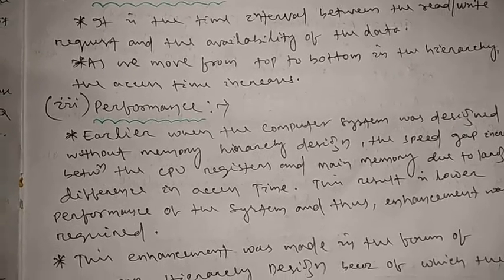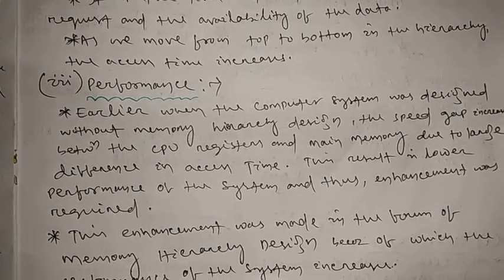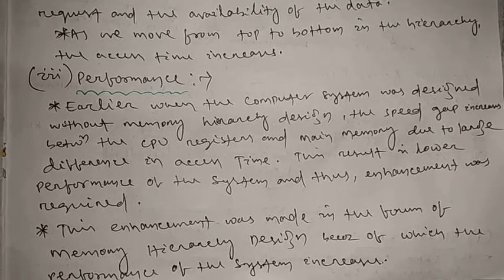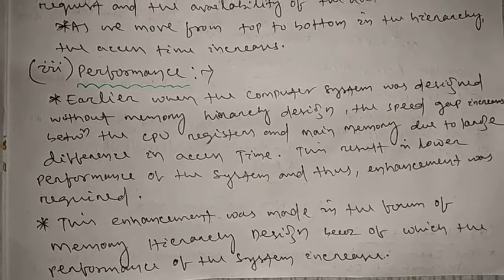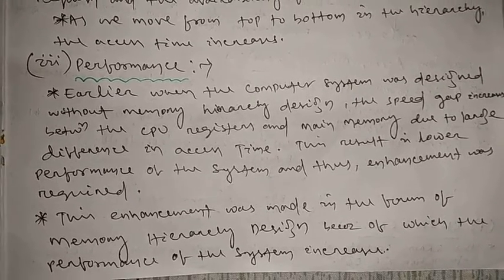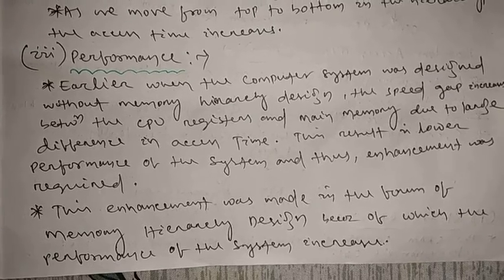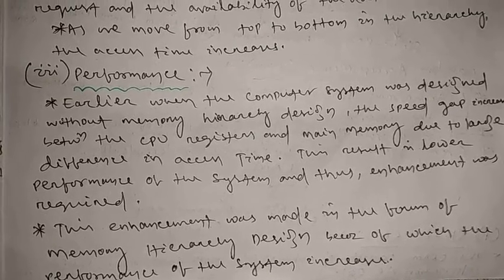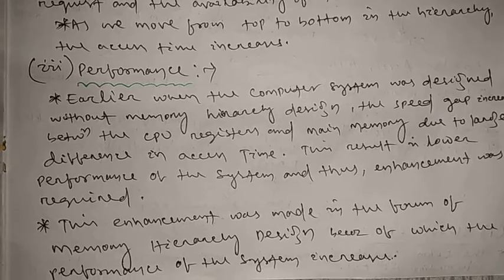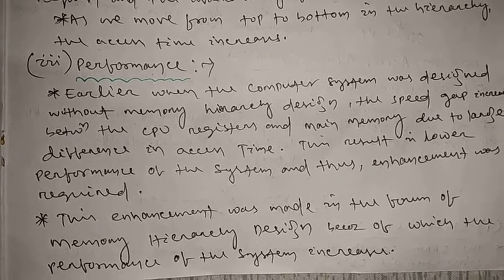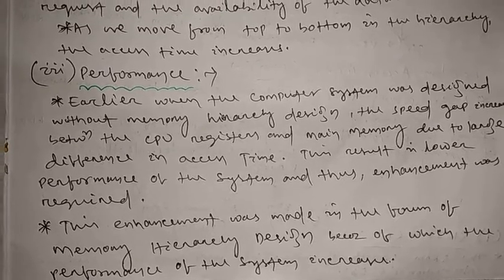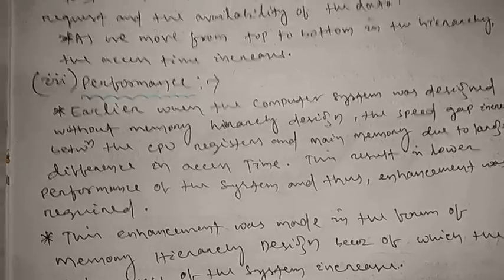And performance: how can we increase the performance? If we organize the memory properly, then we can increase the performance. Earlier there was no hierarchical design, so there was no great performance in computer memory. But nowadays there is a memory hierarchy system, and that's why we enhance the performance of the computer.